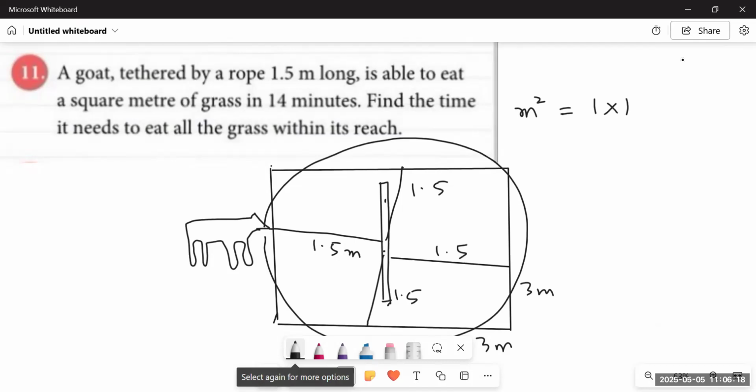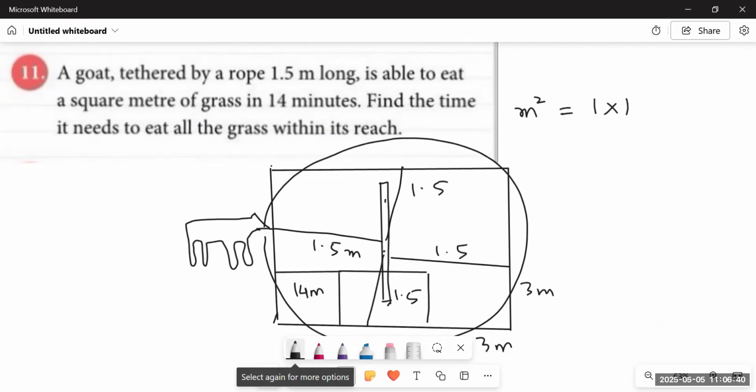1 into 1. So if we distribute it into 3 parts each, they're saying that this goat takes 14 minutes to eat a square meter of grass, right? So it will take how much time to eat all the grass of this?